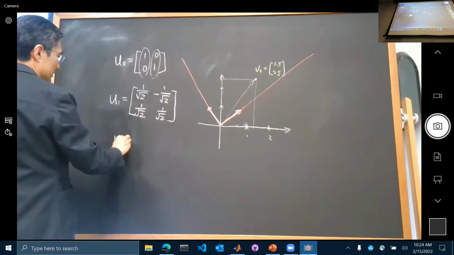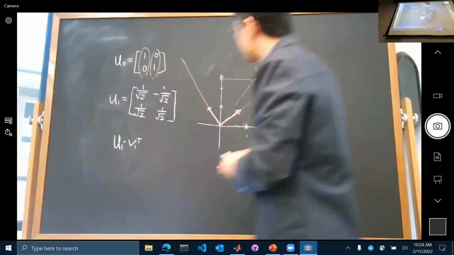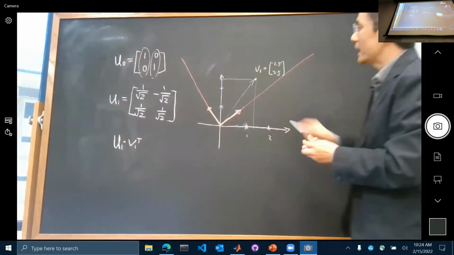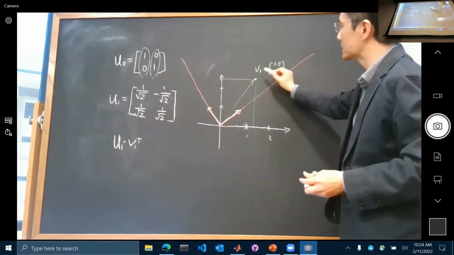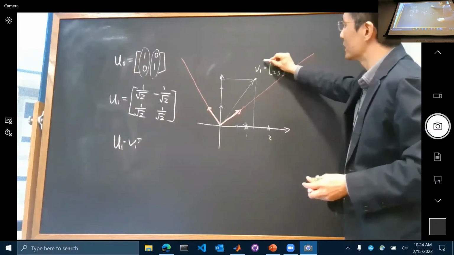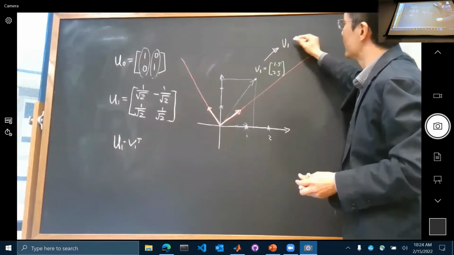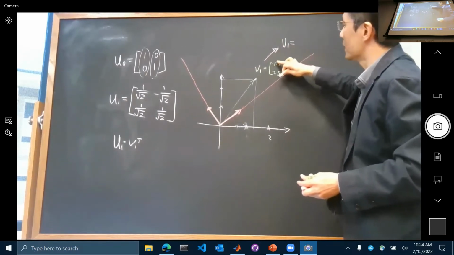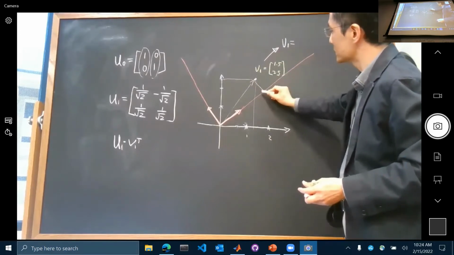Now if I use my U1 to multiply by vector 1 transpose, you will get a new value, the new x. So V1 will become coordinates with this and this.